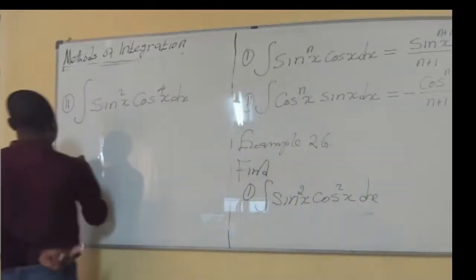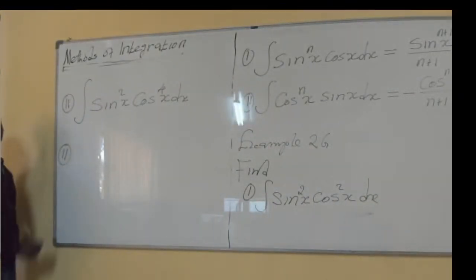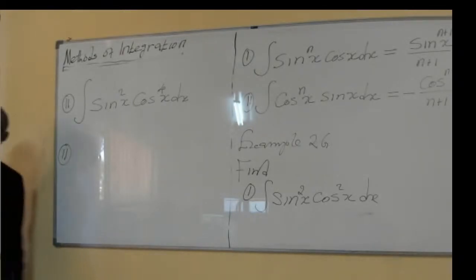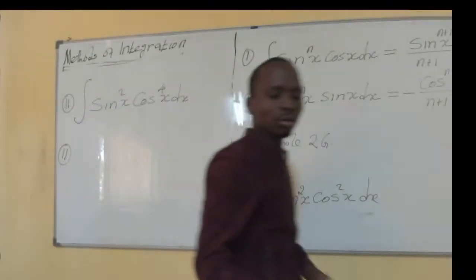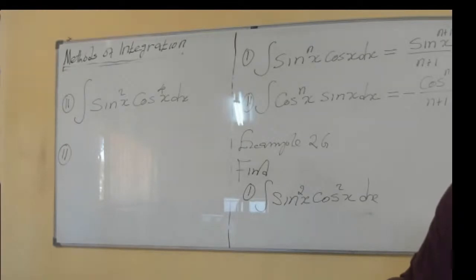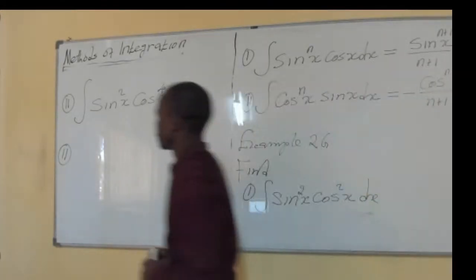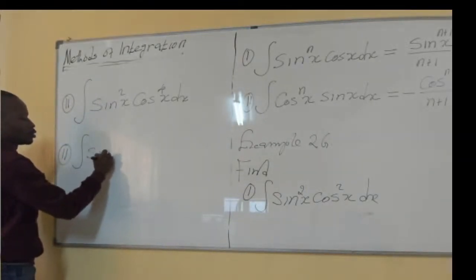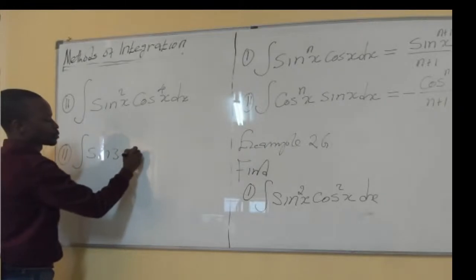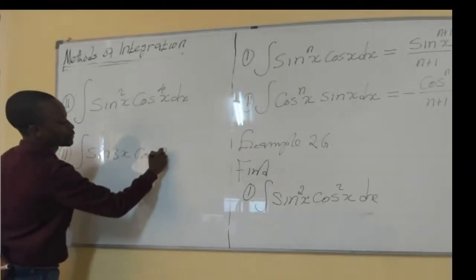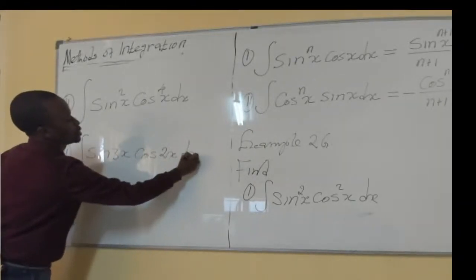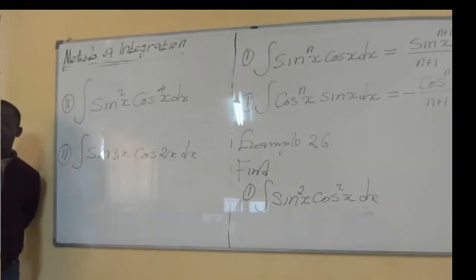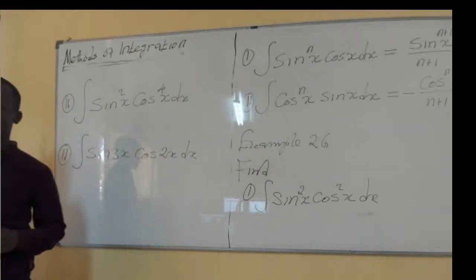The third one, I'll just write one more, the integral of sine 3x times the cosine of 2x dx, even though this one also we have to use the idea of trigonometric identities, please.